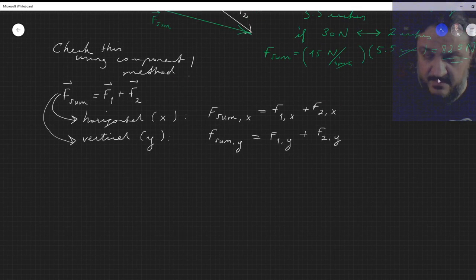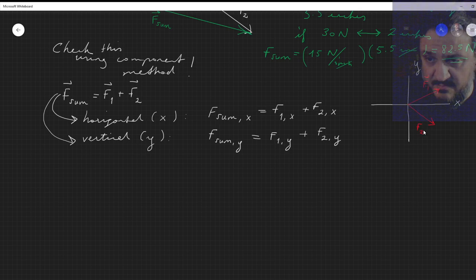Remember, we have x and y as the Cartesian coordinates. So the vectors that we're talking about here, f1, let's use the other way. Let's put f2 here now, just to make a point, right? So if I'm talking about f1x, for instance, I'm talking about the projection of this vector along the x direction. So this is what I'm after.